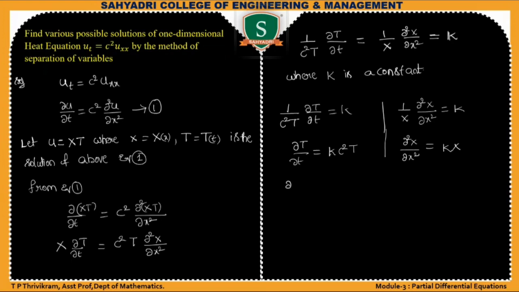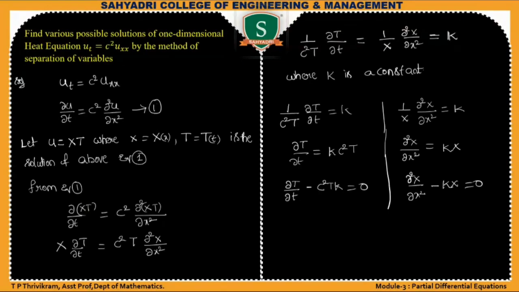That means ∂T/∂t minus c^2 kT is equal to 0. Here also ∂^2X/∂x^2 minus kX is equal to 0.